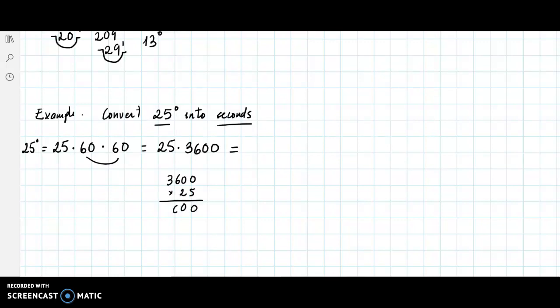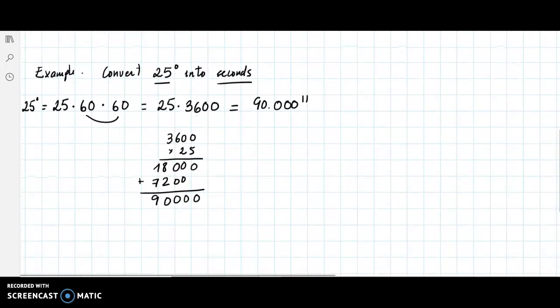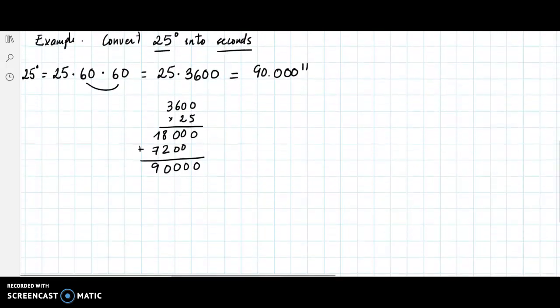Finally, I add, and we get finally 90,000 seconds. That's the result. So now we are going to practice with operations.